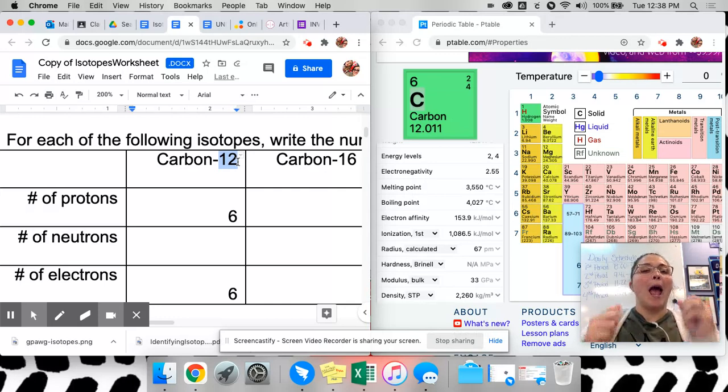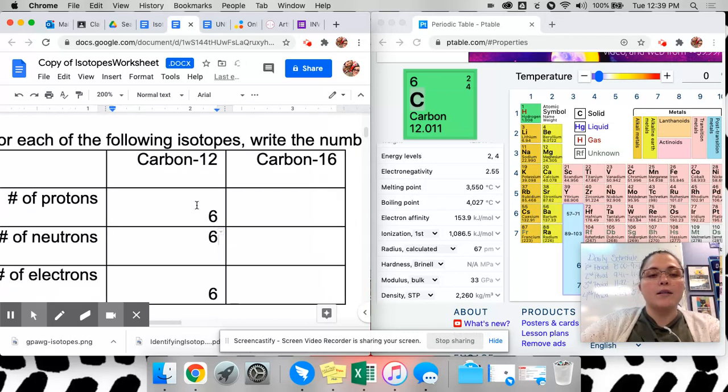Say it with me. MAN: mass minus atomic equals neutrons. You take the mass number, which for this one is 12, minus the atomic number, which was 6, to give us the number of neutrons. 12 minus 6 is 6. So carbon-12 has 6 protons, 6 neutrons, 6 electrons.